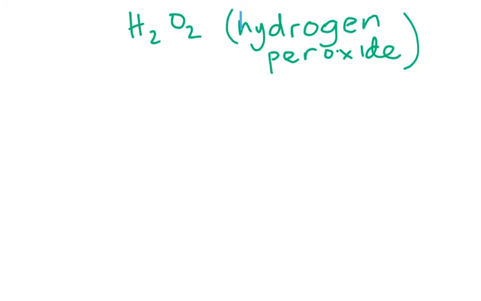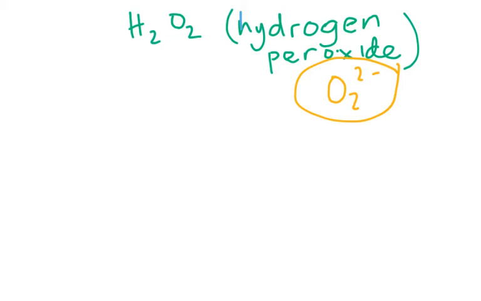Now, let's actually move to the very first question. We will look at hydrogen peroxide, and notice how peroxide is O2 2-, and this is a polyatomic ion, but this is a covalent molecule, so in this case, we are using a polyatomic ion to describe a covalent molecule.